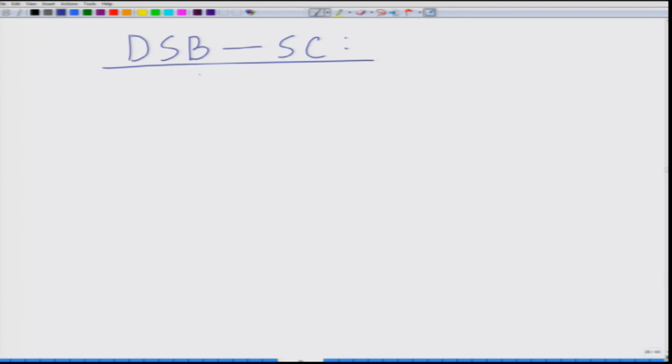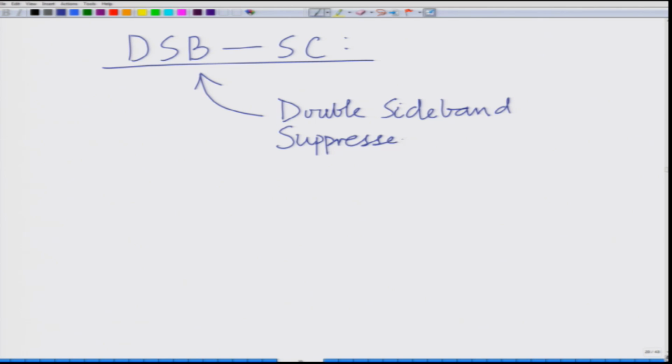We have said this is basically your double side band, and SC stands for suppressed carrier. Let us draw the schematic of a DSB-SC signal.